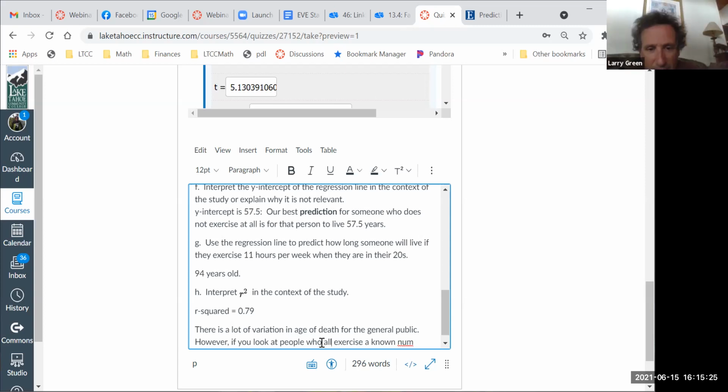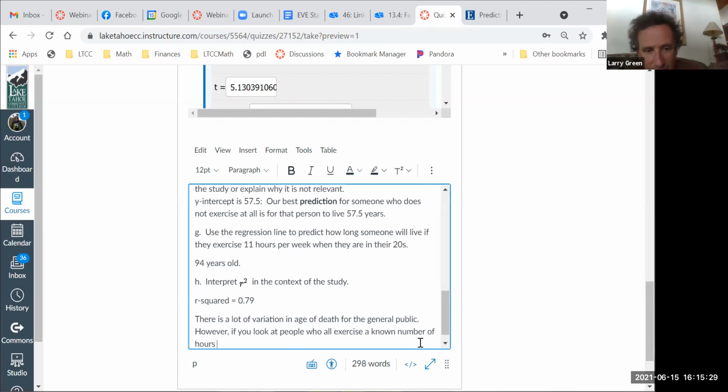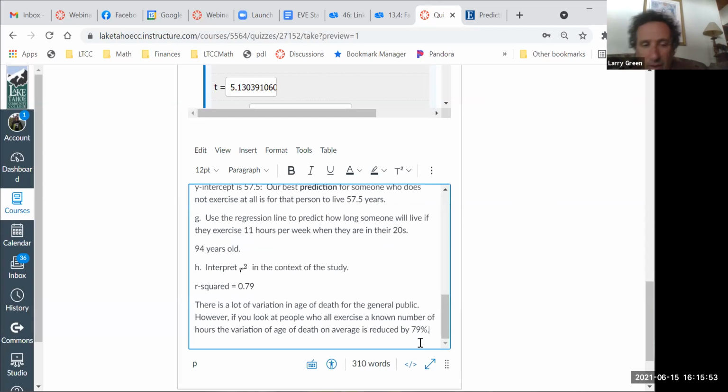So if you look at people who all exercise a known number of hours, the variation of age of death on average is reduced by 79%.